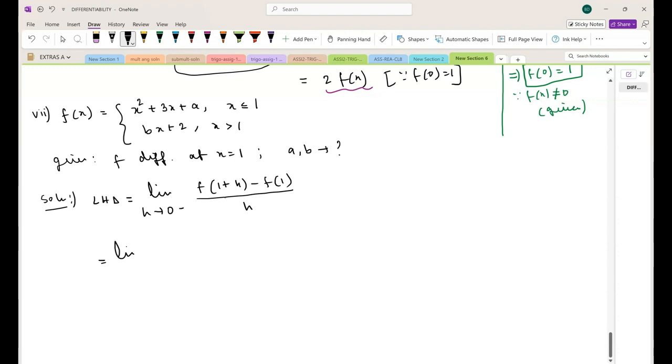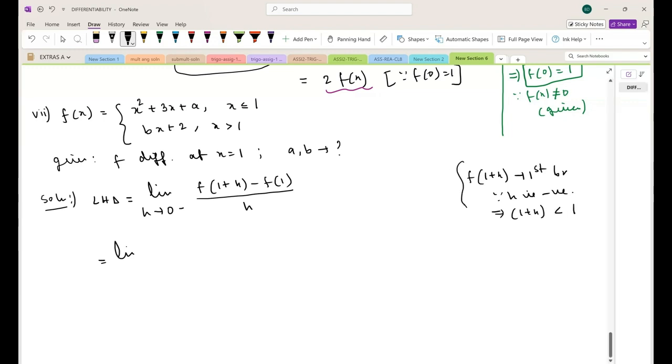H is negative means 1 plus h is less than 1, that means the first branch will act. For calculating f(1 plus h), we have to consider the first branch. Why? Since h is negative, which implies that 1 plus h is less than 1.